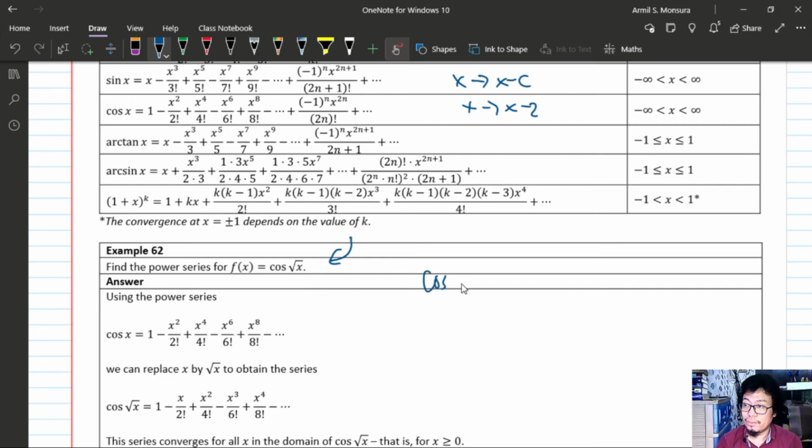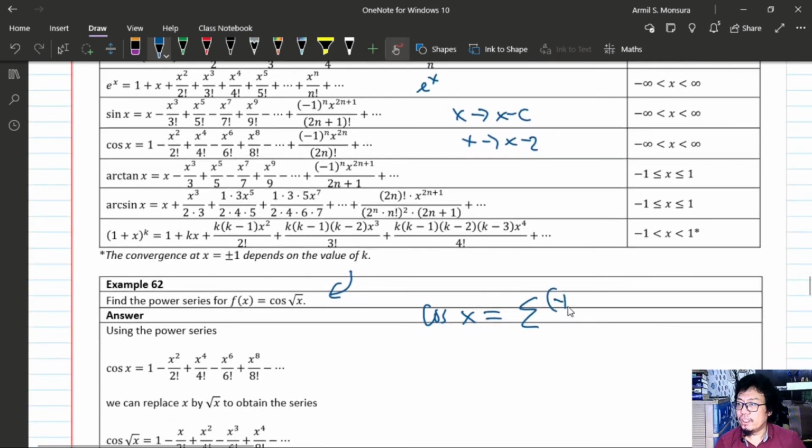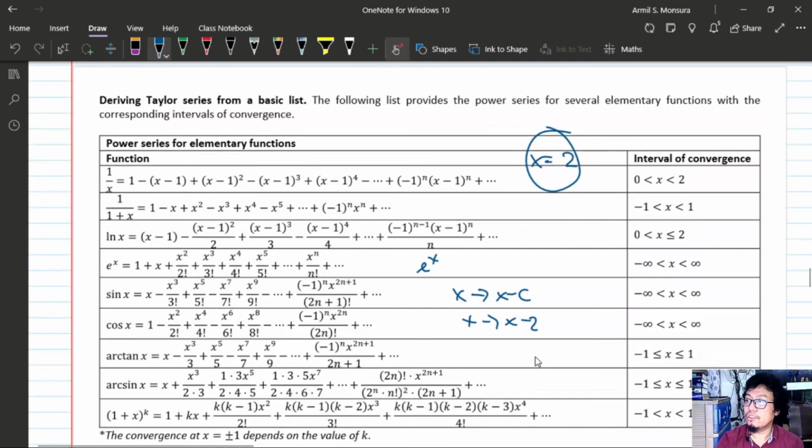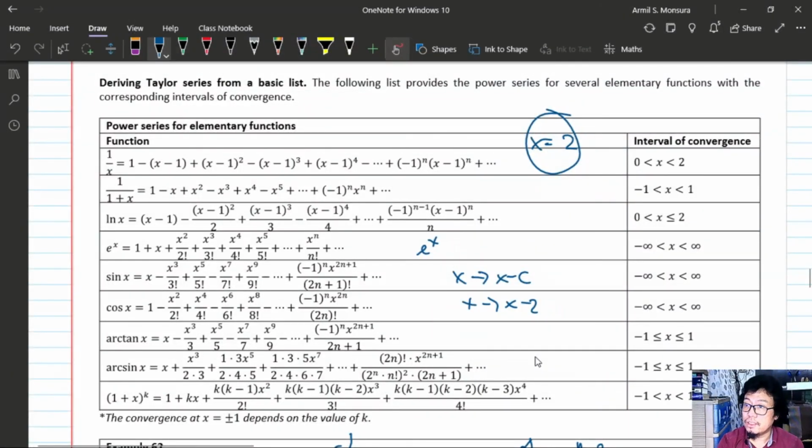We start with cosine of x and its series, which is the sum of -1 raised to n, x raised to 2n over 2n factorial, for n equals 0 to infinity. I think all of these series start at 0.